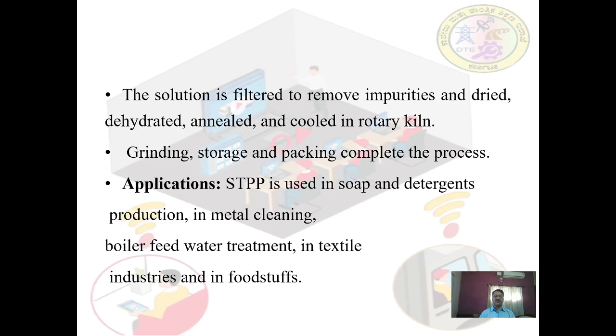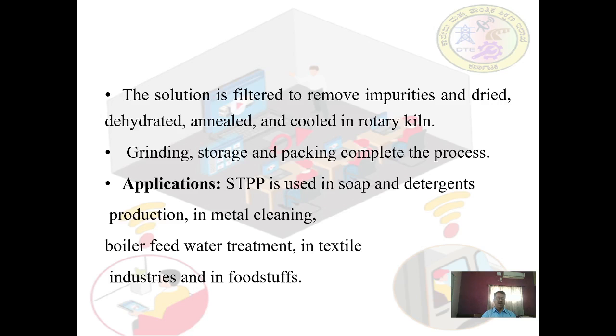So these are the applications of sodium tripolyphosphate. Friends, we have discussed the production of superphosphate, triple superphosphate, sodium tripolyphosphate, and we have seen the applications of those. Now we see some objective type questions.